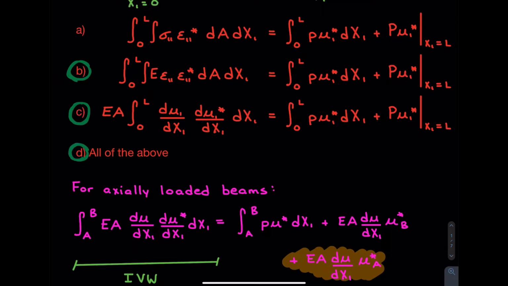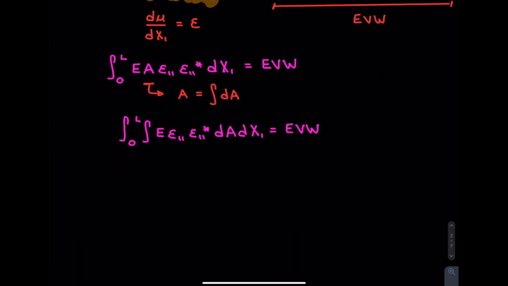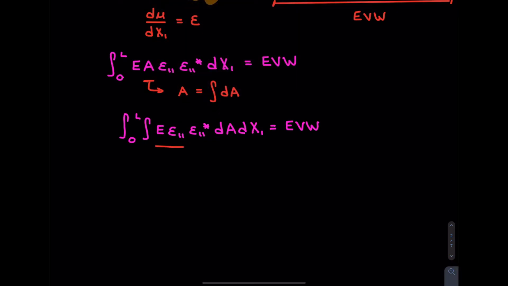But our last question, of course, is, how is A correct? We know that A is going to be correct, but how do we get A? As we're going to see, it's going to be nice and easy because we're just going to utilize one more nice relationship, and that is this one right here. We know that E times epsilon, for a linear elastic material, is actually equal to sigma.